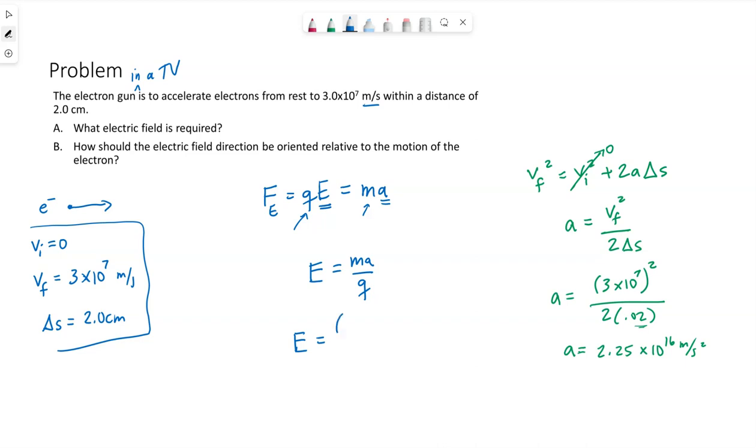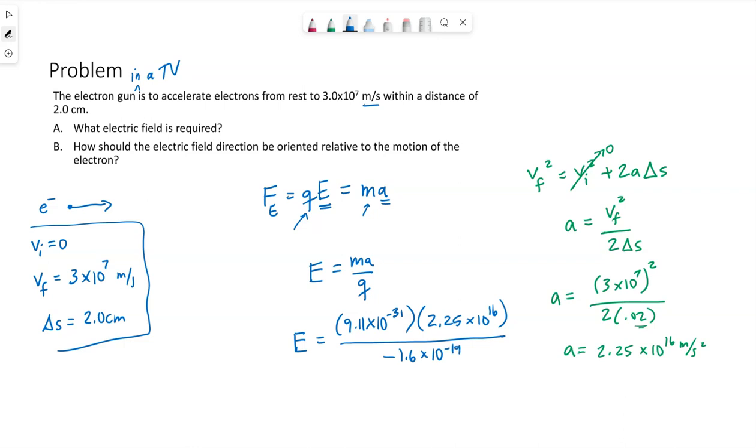Coming back in, the mass of an electron, 9.11 times 10⁻³¹ kilograms. We've just calculated the acceleration, the charge on an electron, 1.6 times 10 to the negative 19.